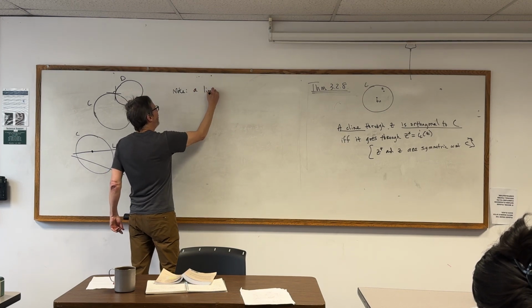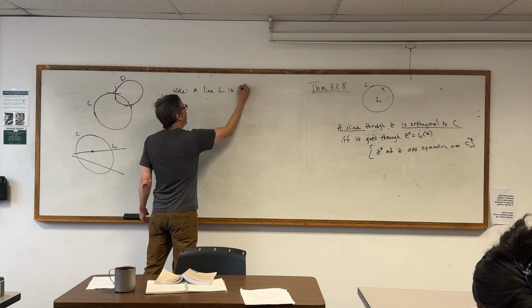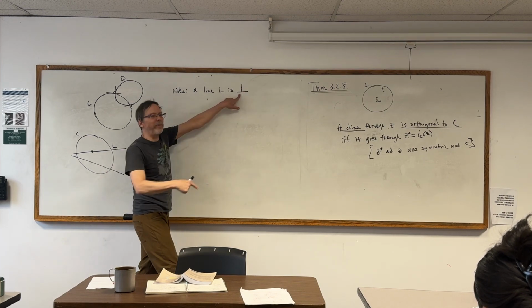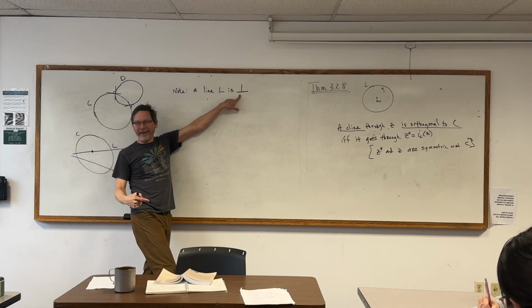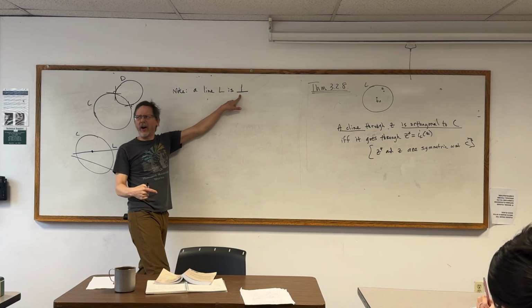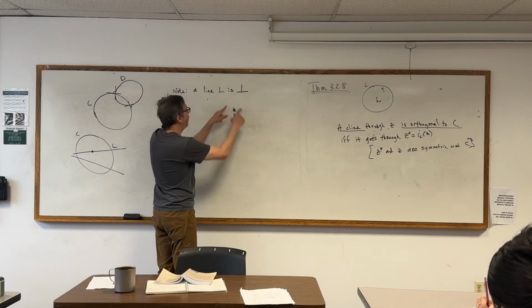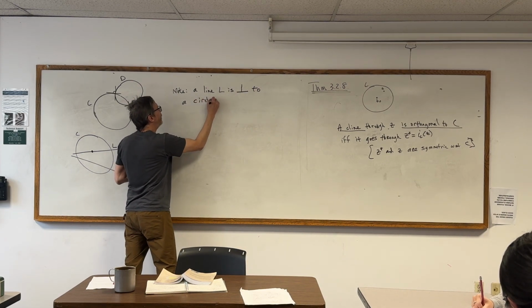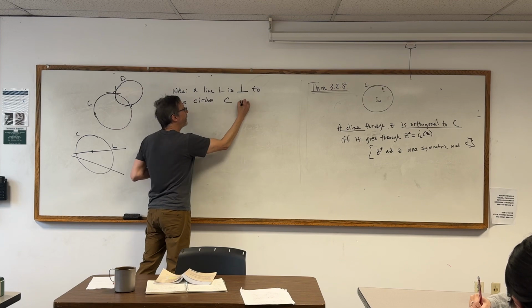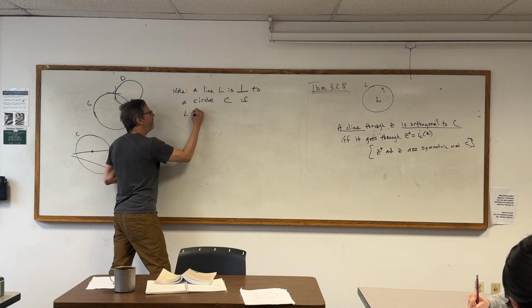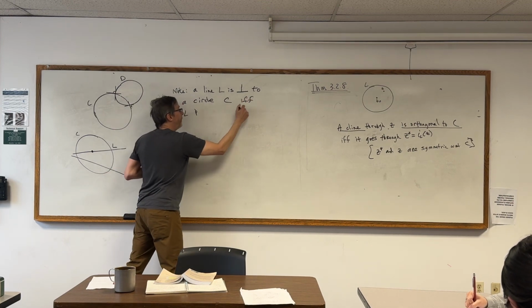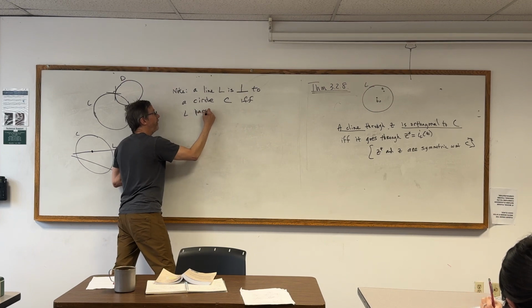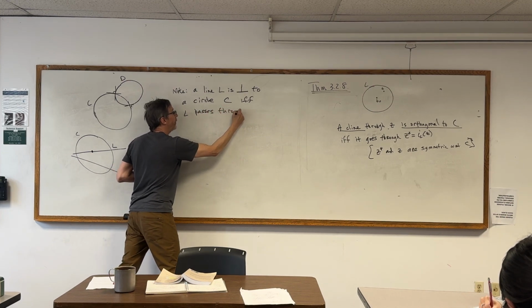A line L is, and I'm going to show you a nice little symbol that I'll use, that's the perp symbol for perpendicular, kind of says it all, right? A line L is orthogonal to a circle C if and only if L passes through the center of C.